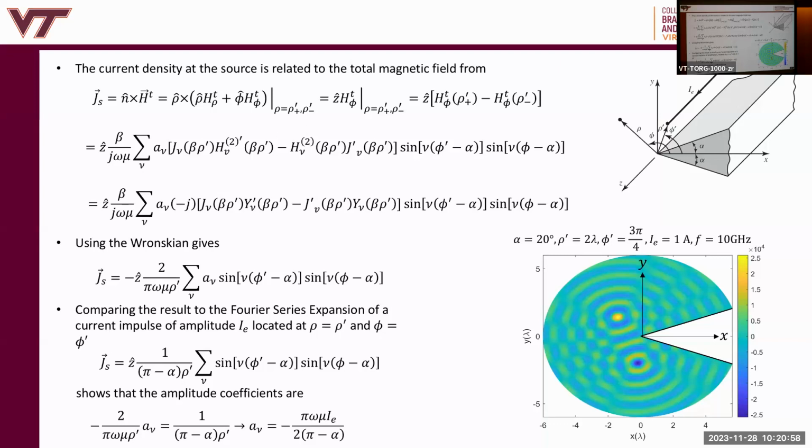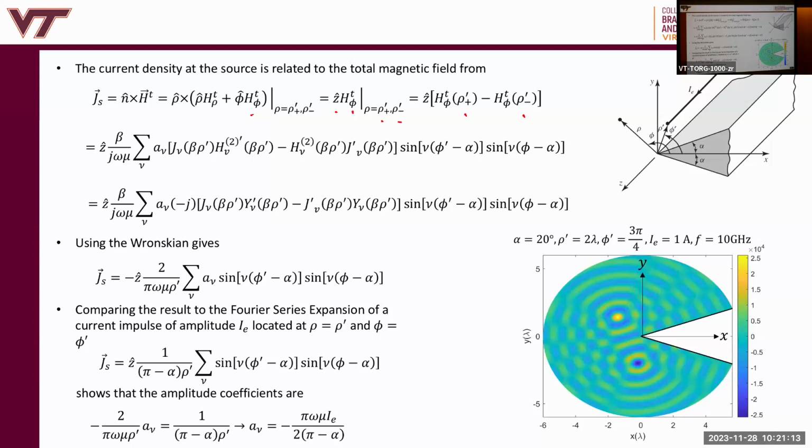So rho cross rho goes to 0. Rho crossed with phi gives you z. So we have z and it's H phi. That's why we only calculated H phi. And we evaluate that at both rho plus and rho minus, which means we subtract the two.